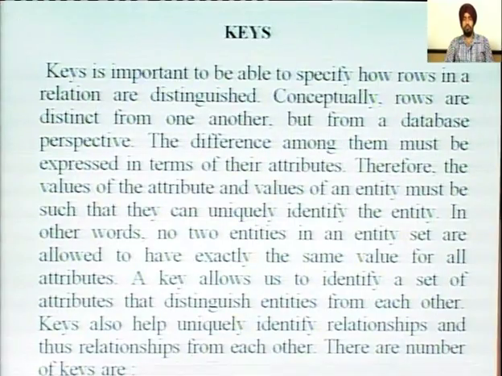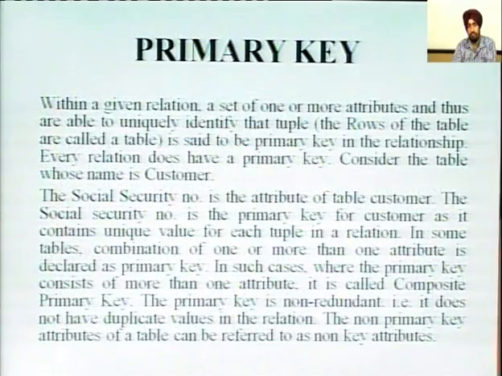In other words, no two entities in an entity set are allowed to have exactly the same value for all attributes. A key allows us to identify a set of attributes that distinguish entities from each other. The key also helps uniquely identify relationships, and thus distinguish relationships from each other, and there are a number of keys.